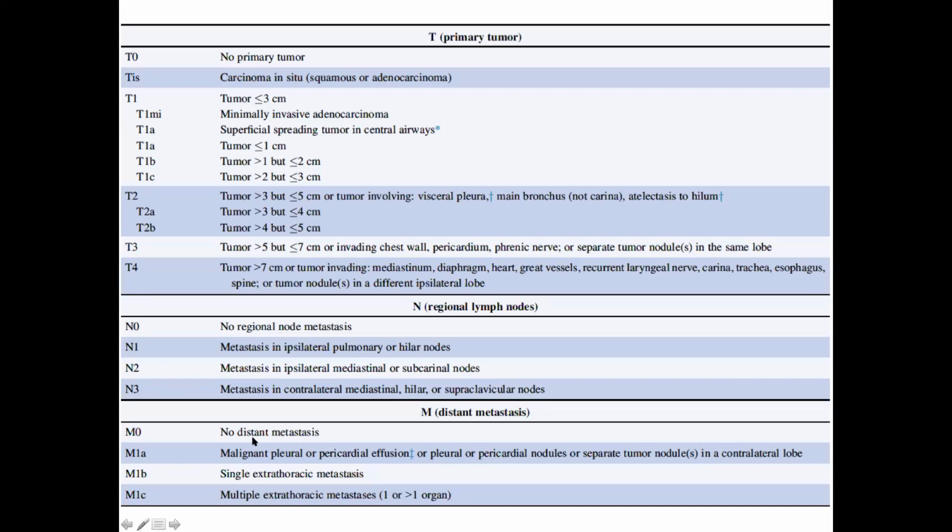Just for completeness, we'll not dwell on it long. M0 will be the majority of, well, hopefully all the patients that we're dealing with, but we need to keep in mind that patients who have malignant pleural or pericardial effusions, patients who have pleural or pericardial nodules or tumor nodules in a contralateral lobe.